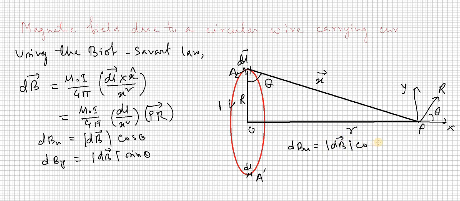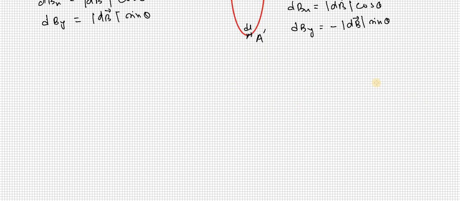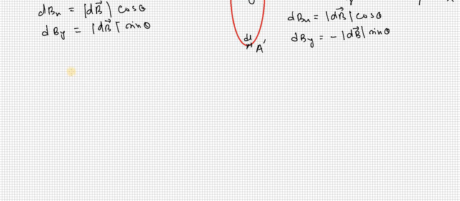This is dB cos of theta pointing toward the x-axis, and the dB y component will be opposite, dB sine theta toward the negative y direction. Thus, the components toward the y direction cancel each other. So the remaining part is along the x-axis. To find the total magnetic field, we have to integrate it.